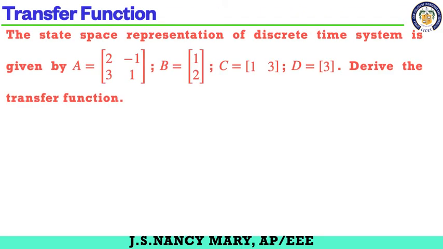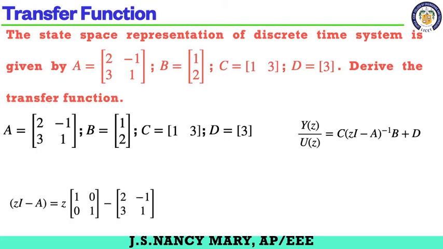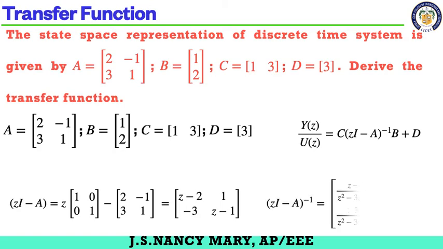So the first one, transfer function, they have given you A, B, C, D. They are asking you to find the transfer function. You know the equation, that is y of z is equal to c into (zI minus A) the whole inverse B plus D. So I'm writing zI minus A here. So this gives you z minus 2, 1, minus 3, z minus 3. So when I'm taking the inverse, I'll be getting the determinant as z square minus 3z plus 1, and then the cofactors will be z minus 1, minus 1, 3, z minus 2.